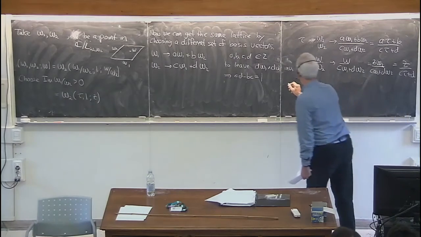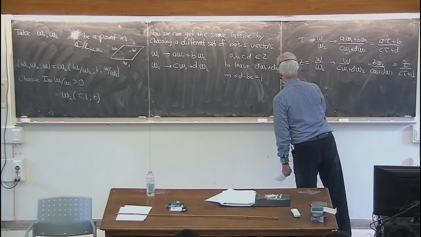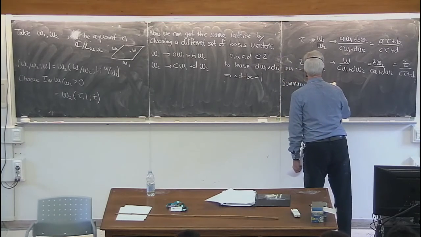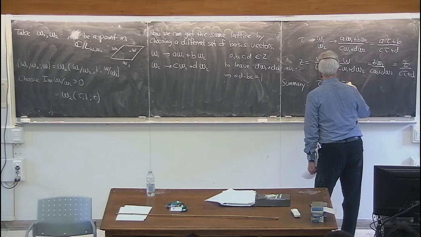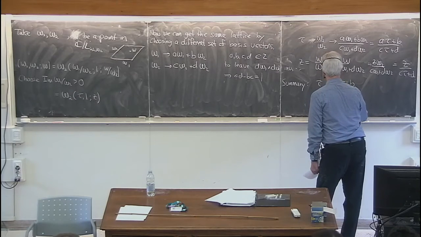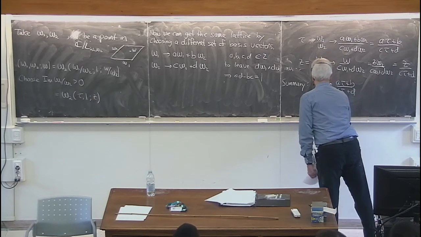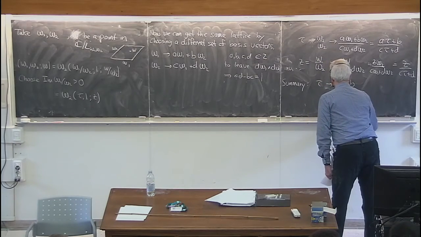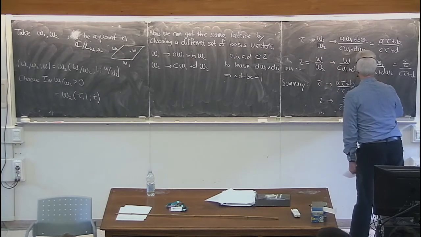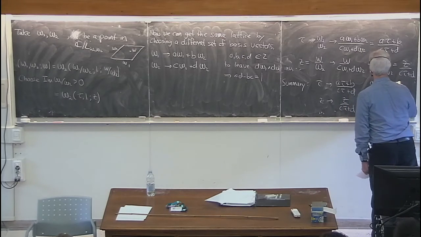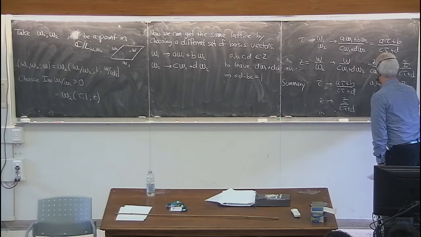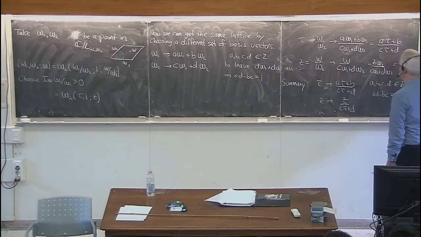So to summarize this, we have a set of transformations where A, B, C, and D are integers with AD minus BC equal to 1.